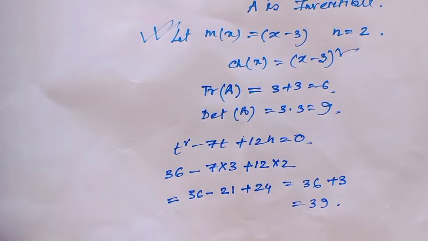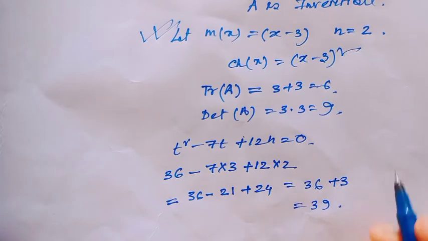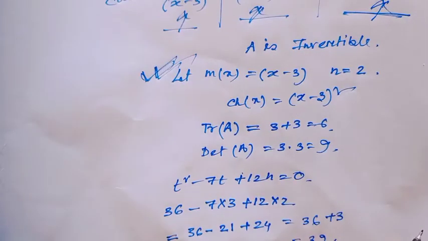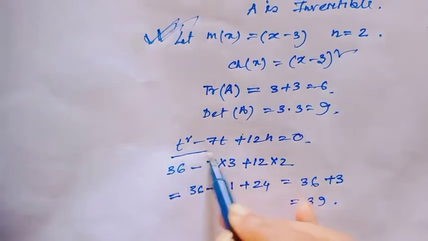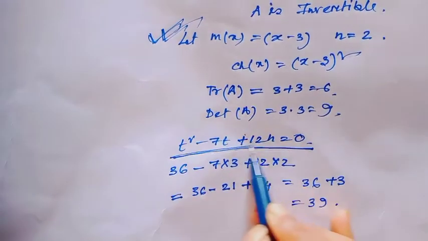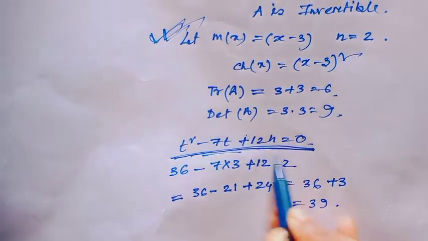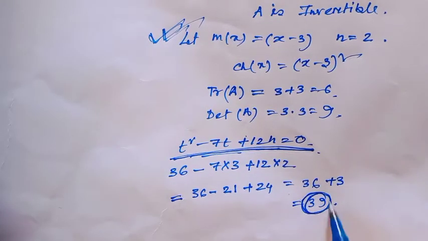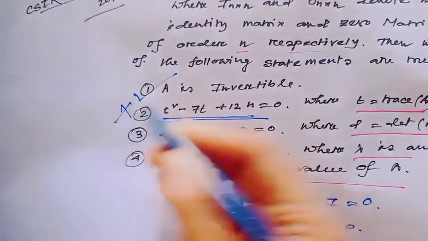Therefore, if we consider this as the minimal polynomial, then this equation cannot be satisfied, because we have to prove this is equal to 0, but I have got this is not equal to 0. That means option 2 is a wrong option.